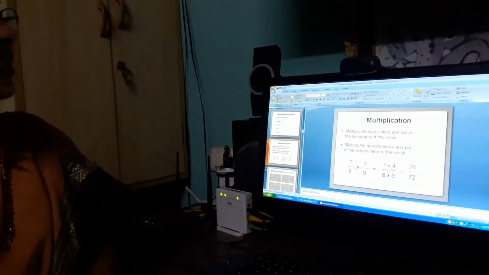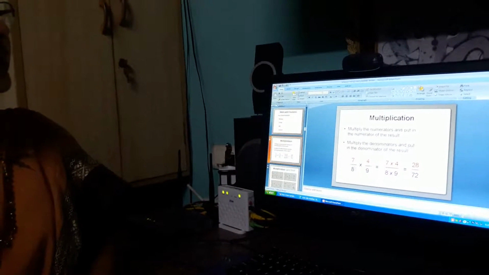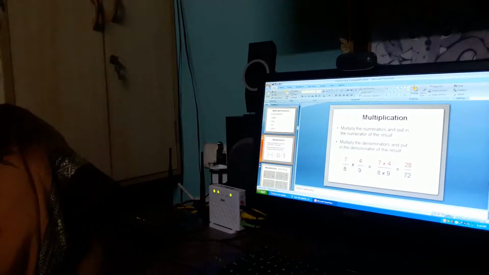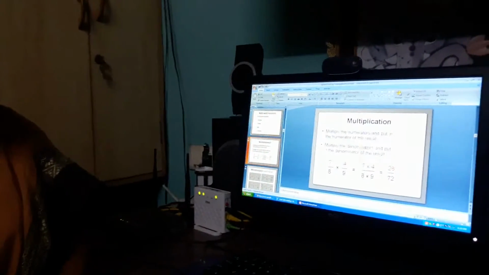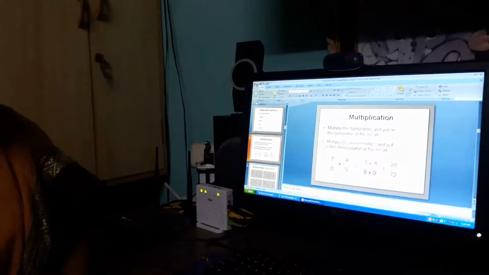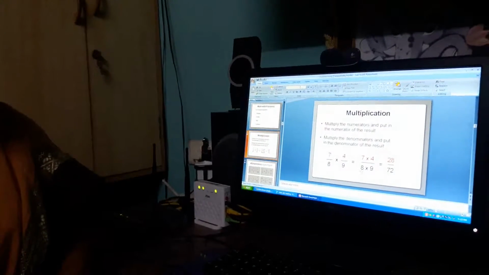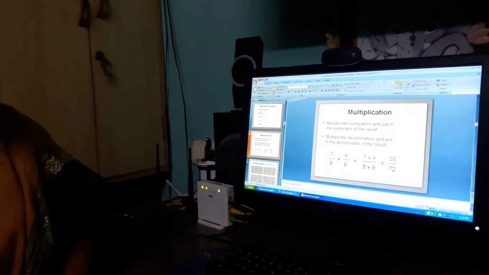So here you can see 7 by 8 is one fraction I have, and 4 by 9 is another fraction. I want to multiply both these fractions. So numerator with numerator, 7 into 4 gives us 28, and 8 into 9 gives us 72.